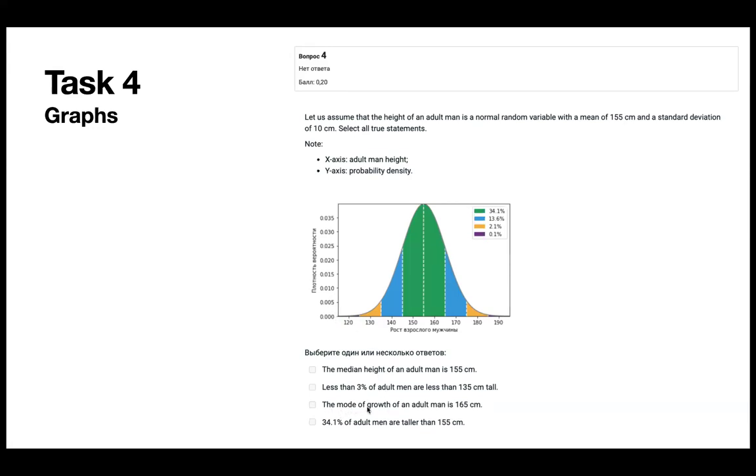The next one: the mode of growth of an adult man is 165. We can see that 165 is here, and that's not our mode for sure. Our mode will be here. So it will be 155, the same value as the median. So that's false.